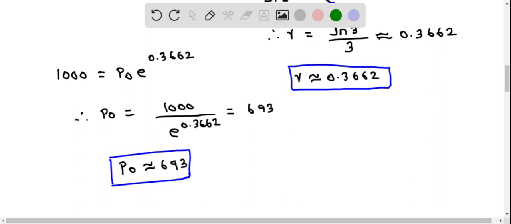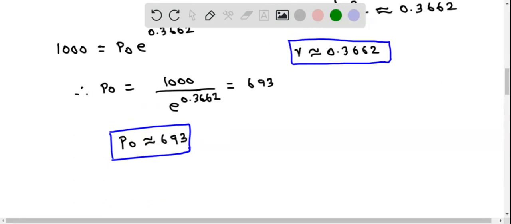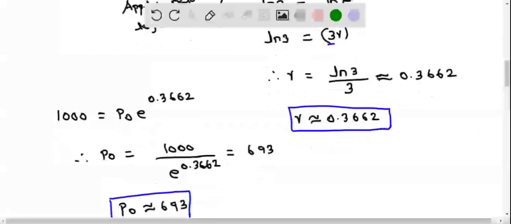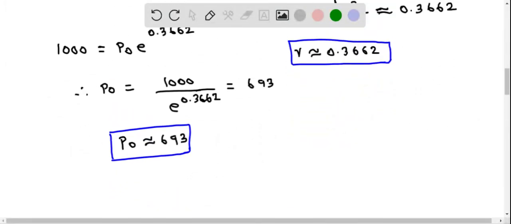So now that we have determined the values of p naught as well as r, we can write the population model, that is an expression for the approximate number of strands of bacteria. So we can utilize this model. I'm going to copy that and replace the values. We have the model as p of t equals p naught e raised to the power of r times t.